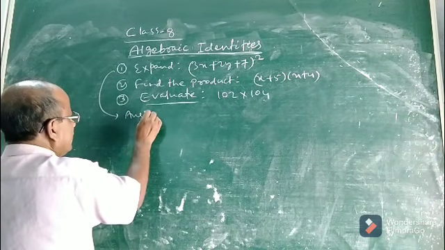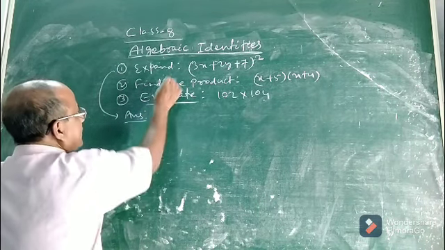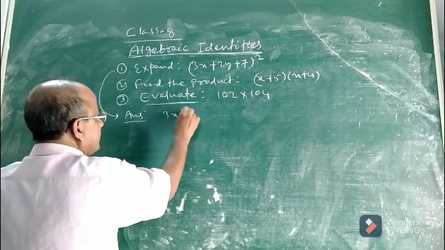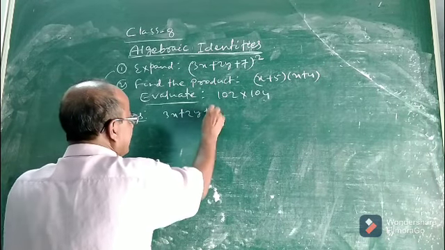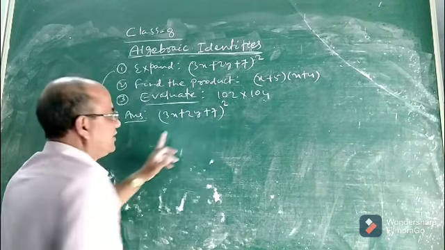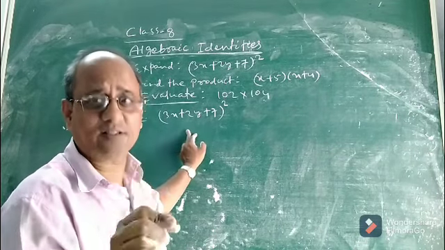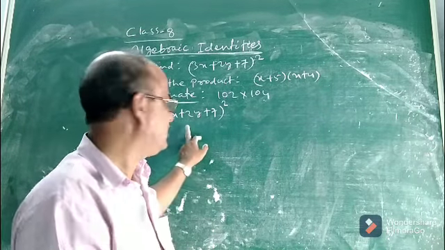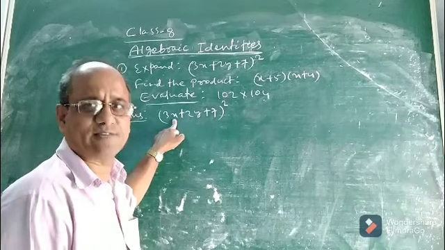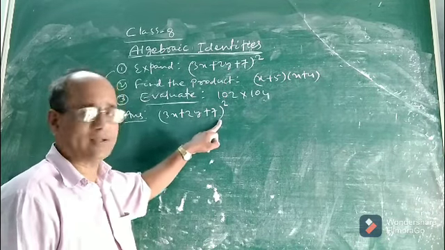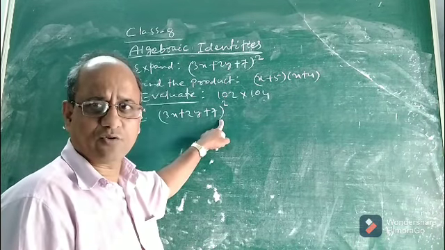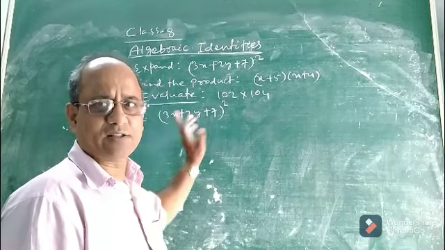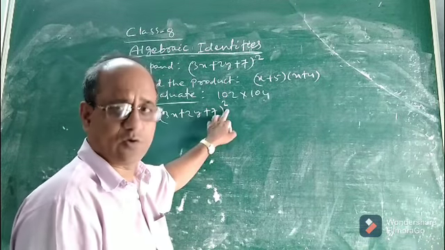First you write (3x plus 2y plus 7) whole square. And think, it is in the form of which identity? By taking 3x as a, 2y as b and 7 as c, we came to know that this trinomial is in the form of (a plus b plus c) whole square.